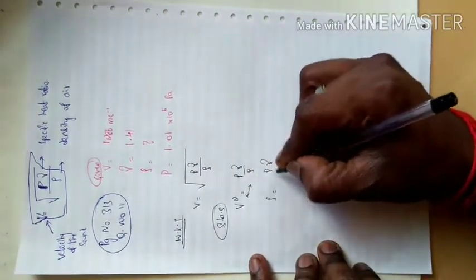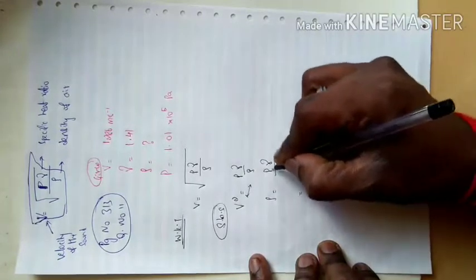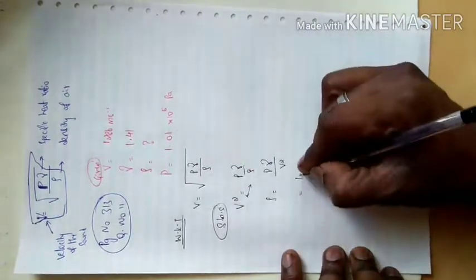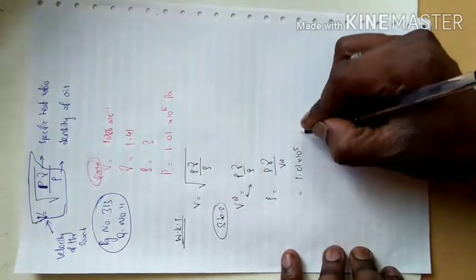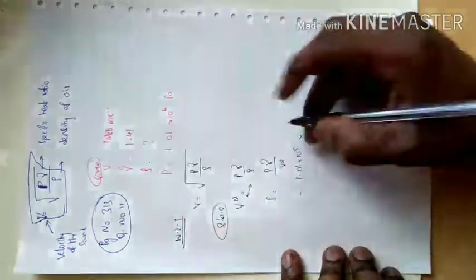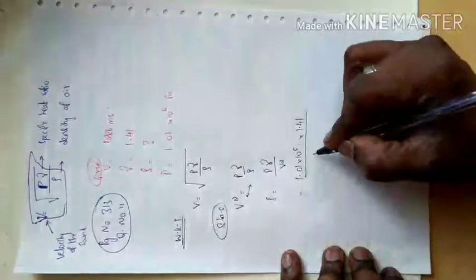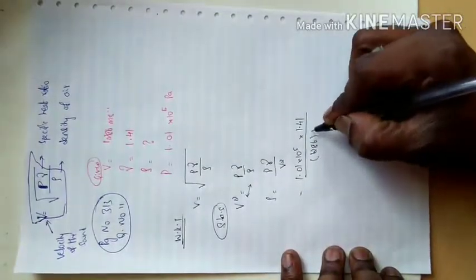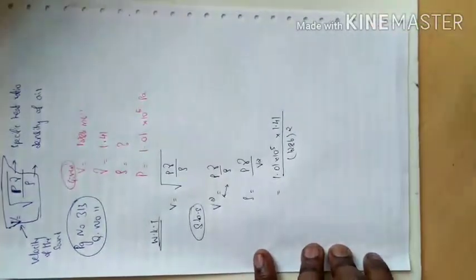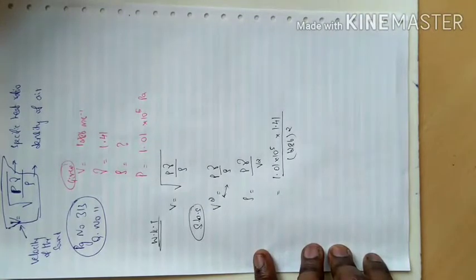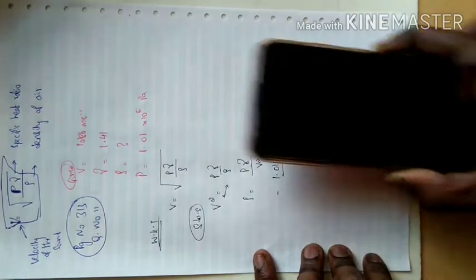Rho is equal to P gamma by V squared. The value of P is 1.01 into 10 to the power of 5, the value of gamma is 1.41, divided by the value of V, 1286 the whole square. If you do this, you will get the value of the density.